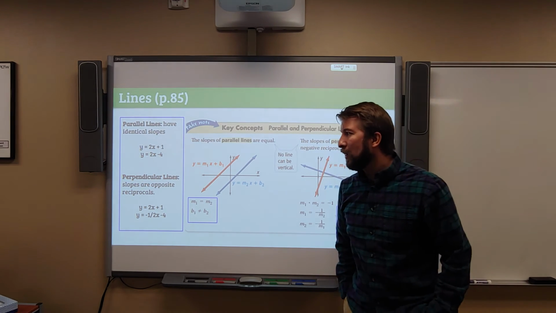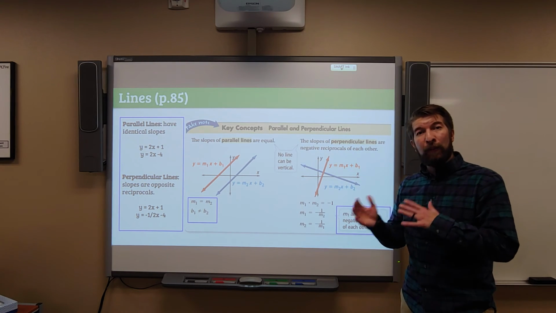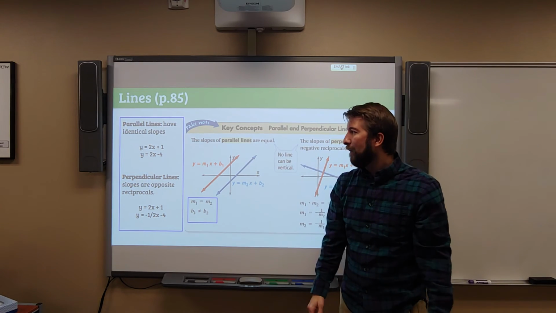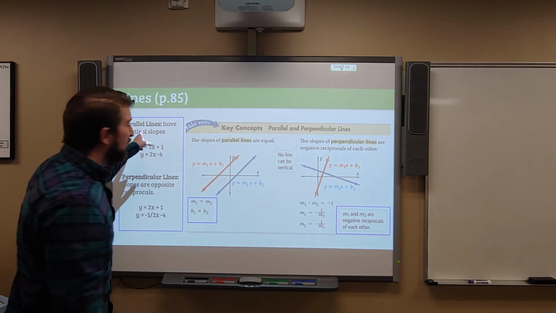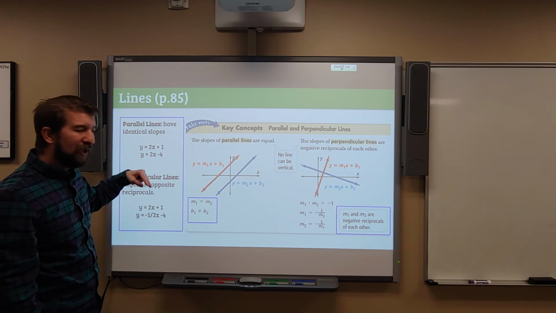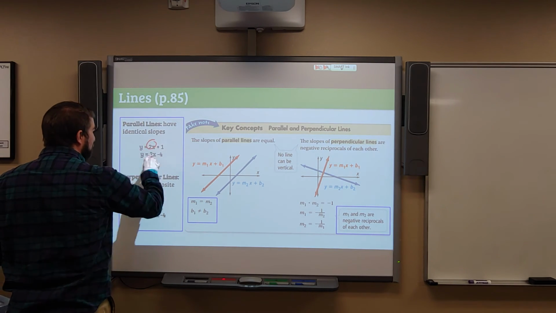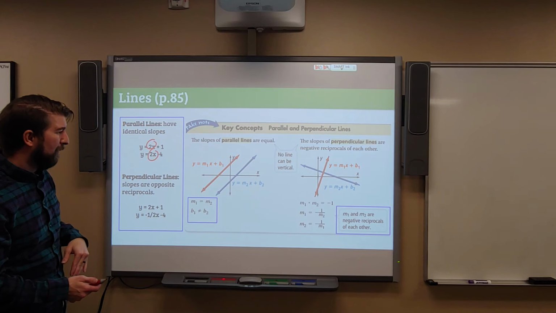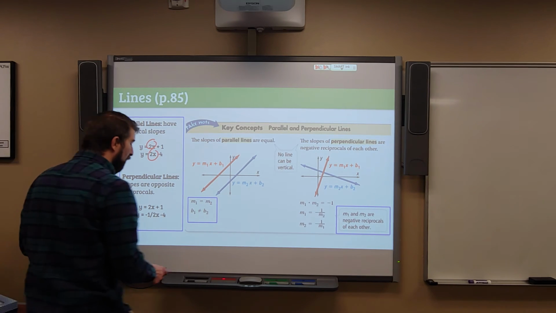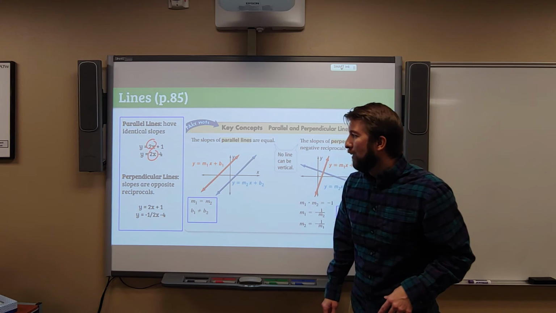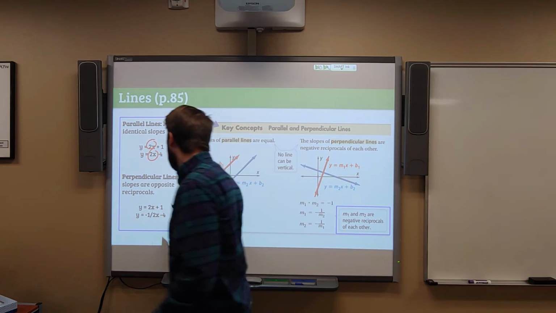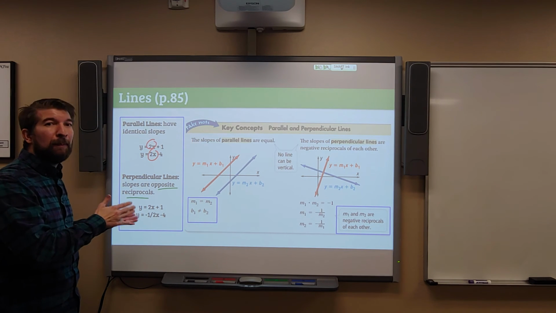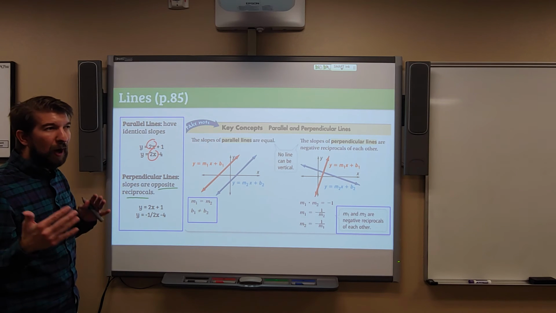Okay, real quickly, let's talk about just identifying parallel or perpendicular lines. So remember, parallel means lines that run and never intercept. If two graphs or two linear equations have the same exact slope, so 2 and 2 on this one, then they're going to be parallel. Then perpendicular lines, the slopes are what we call opposite reciprocals. So opposite means like the opposite of positive is negative. Opposite of negative is positive.